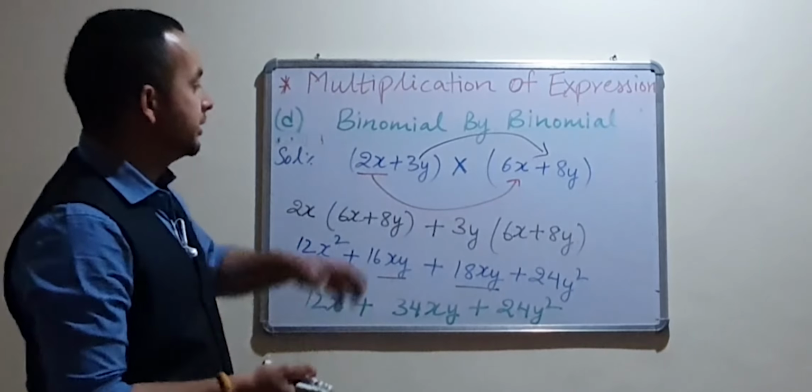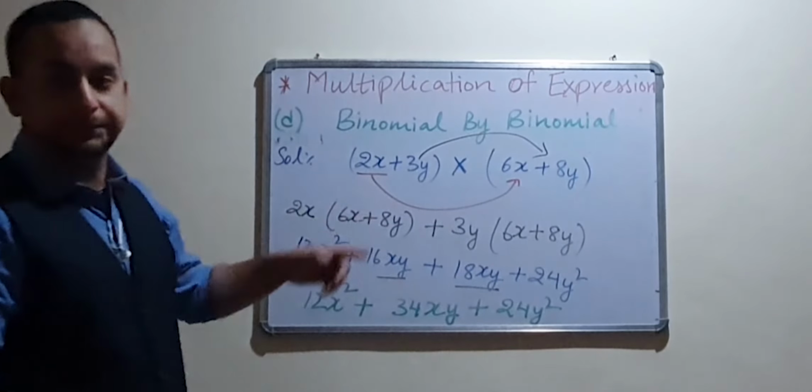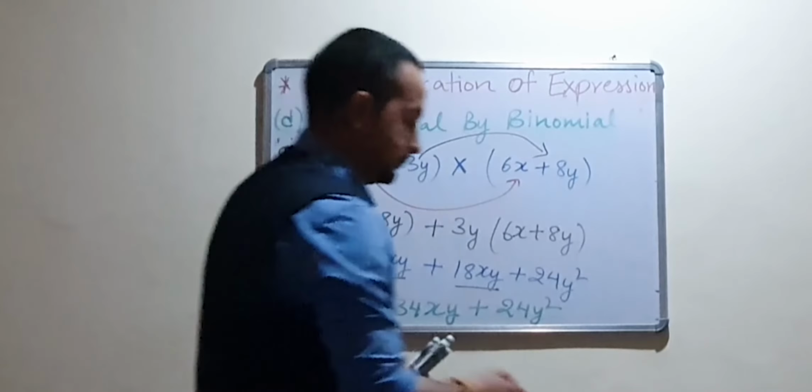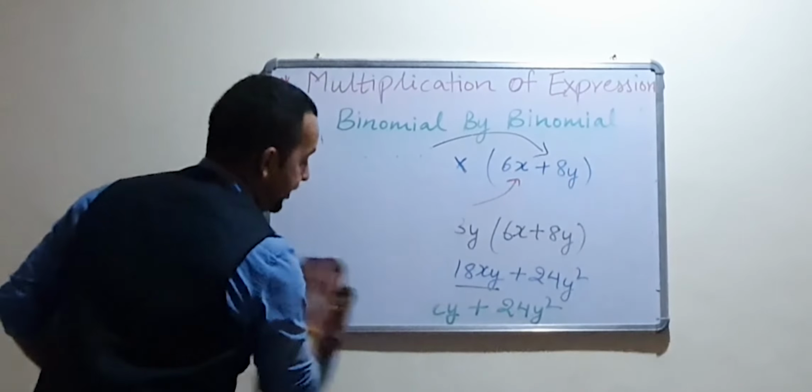This is how you will solve binomial by binomial. So next we have binomial by trinomial.